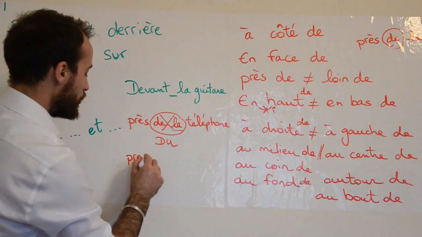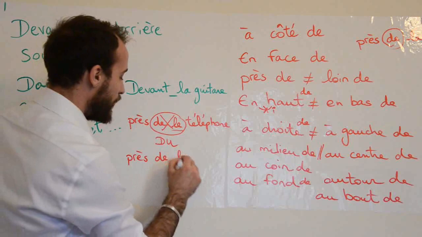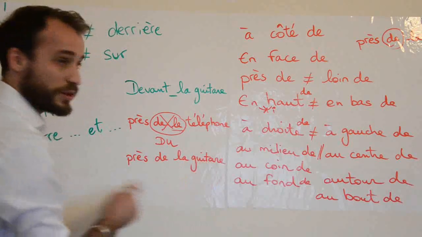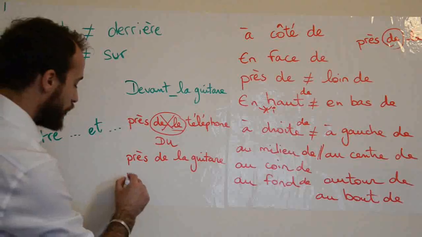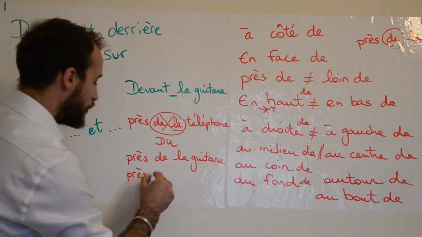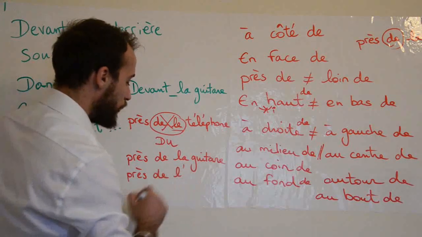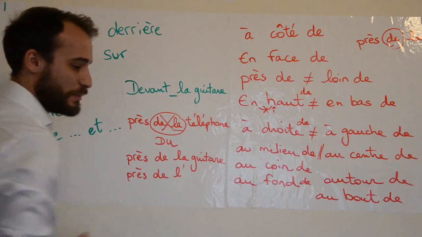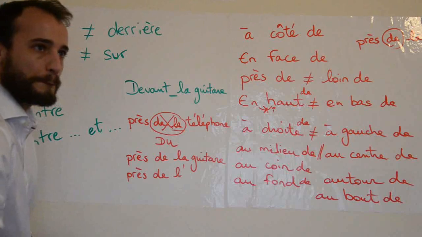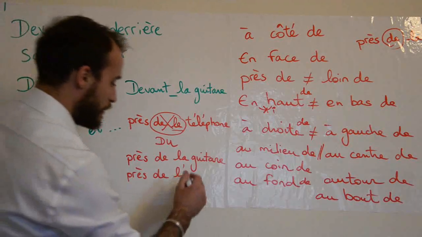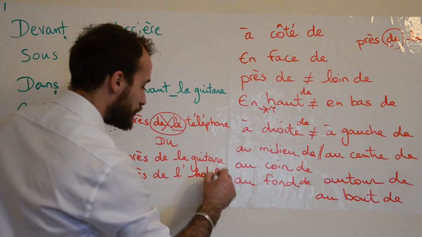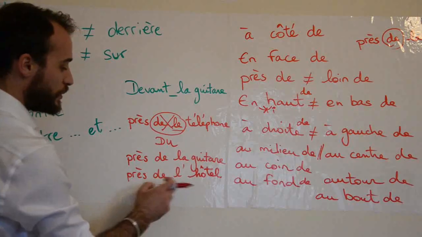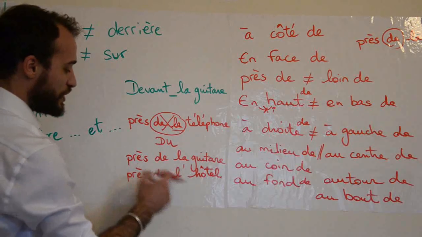Près de la guitare. That doesn't change. We're fine with that. Près de, something that starts with an apostrophe, près de l'hôtel, close to the hotel, nothing here. So no changes here.